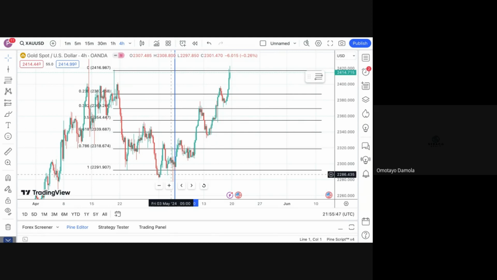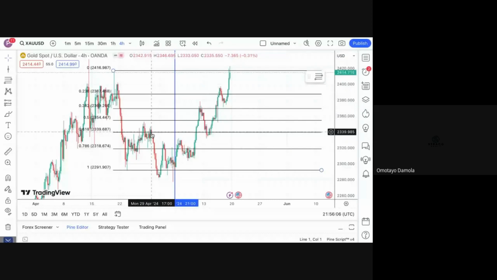So as you can see, it came to this zone, then broke it with this candle, kept flying up. I'll still point out the fact that price reaching somewhere doesn't mean you should immediately take it. You should wait for a confirmation before you take a trade, because this is a level it respected here and rejected.